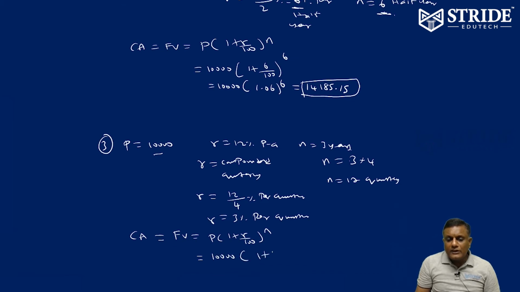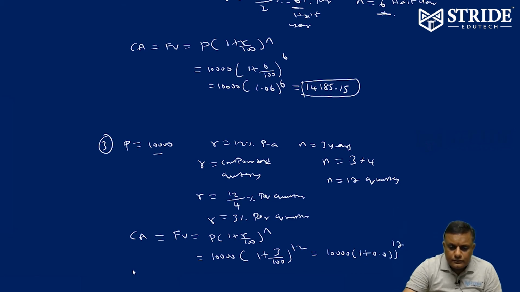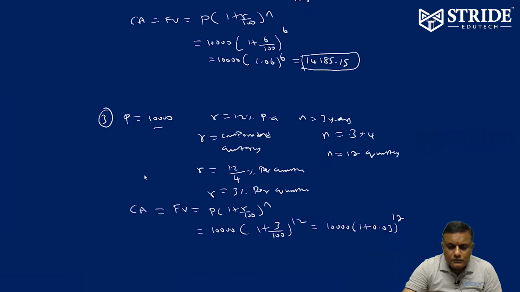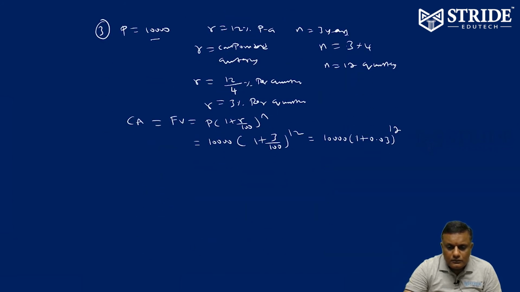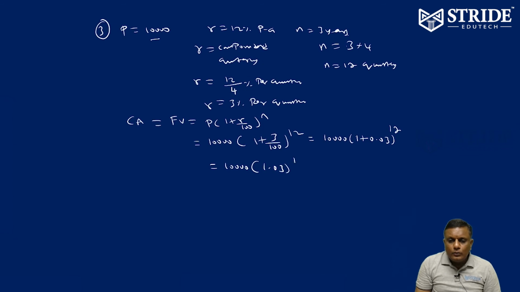What is the rate of interest per quarter? 3 by 100, whole power 12 quarters. That is 10,000 into 1 plus 0.03 whole power 12, which is 10,000 into 1.03 whole power 12.